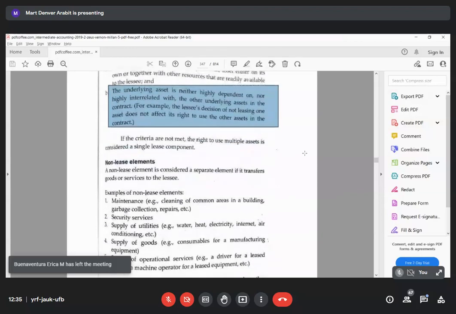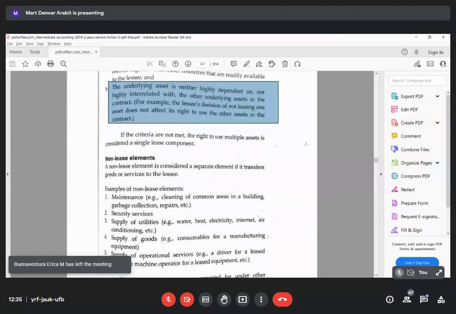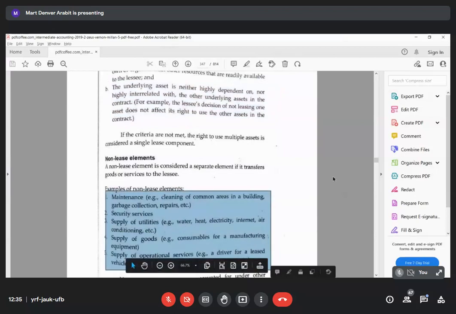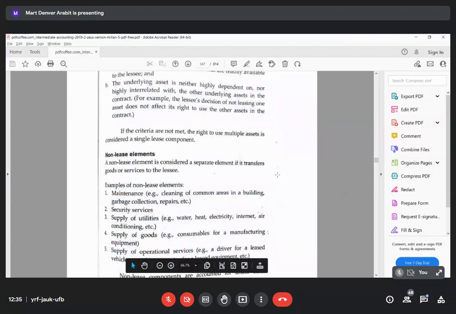So what are the non-lease elements? Especially ang tinutukoy dito sa non-lease elements is yung mga non-tangible part ng lease, which is ito nga yung maintenance, security services, supply, so most of those things. So hindi siya part ng lease natin.